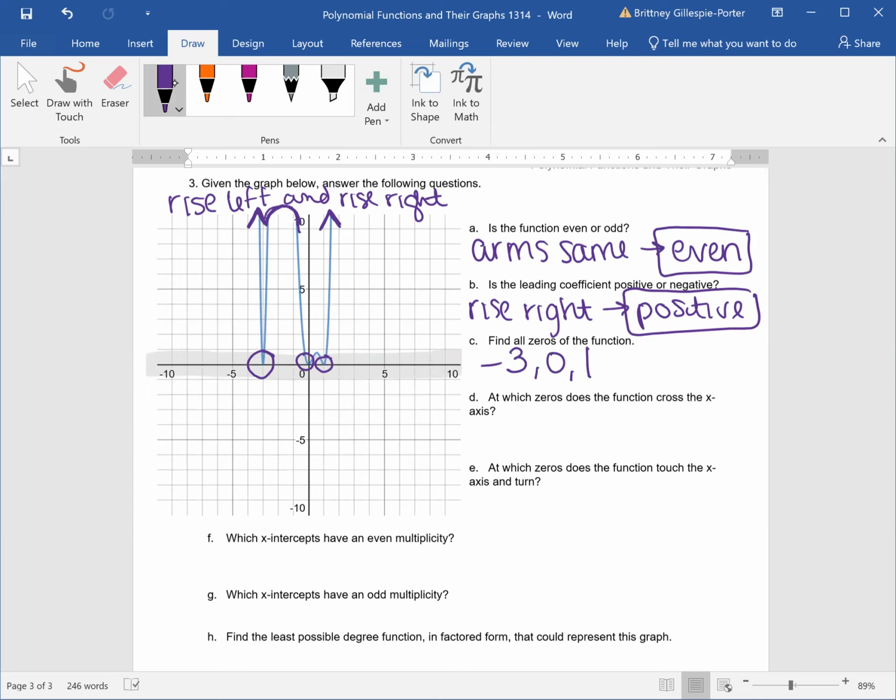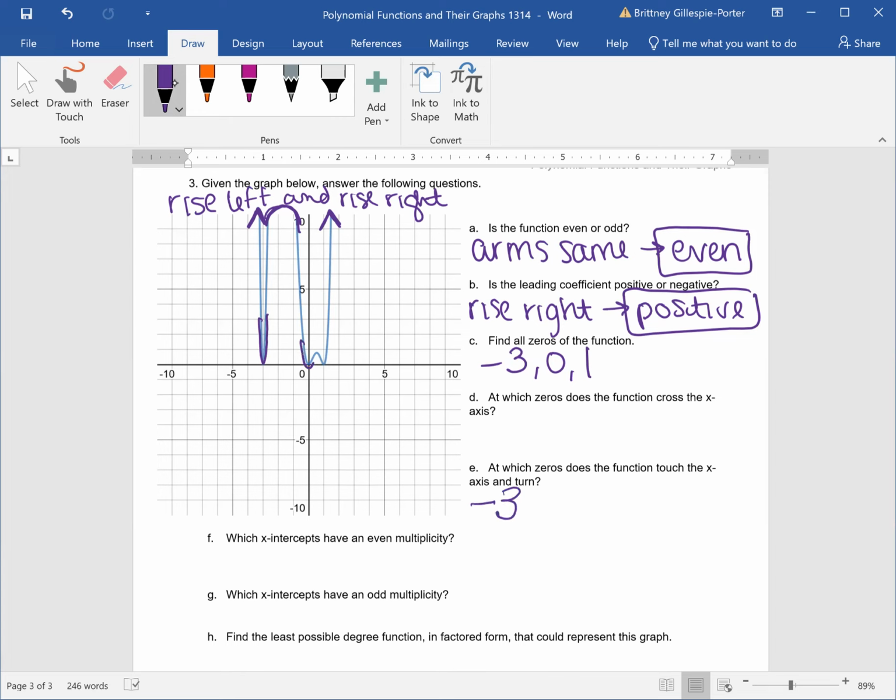At which zeros does the function cross, and at which do we touch and turn? I'm going to go through and look at these from left to right. So I'm going to do parts D and E together. Notice that we come down, we touch, and we turn at -3. So touch and turn at -3.